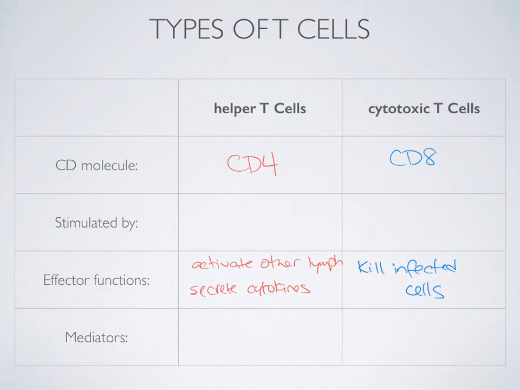So we already said the T helper cells are stimulated by antigen plus MHC. The main difference between T helper 1 and T helper 2 is which class of MHC they recognize. So do you know T helper cells, are they MHC1 or MHC2?